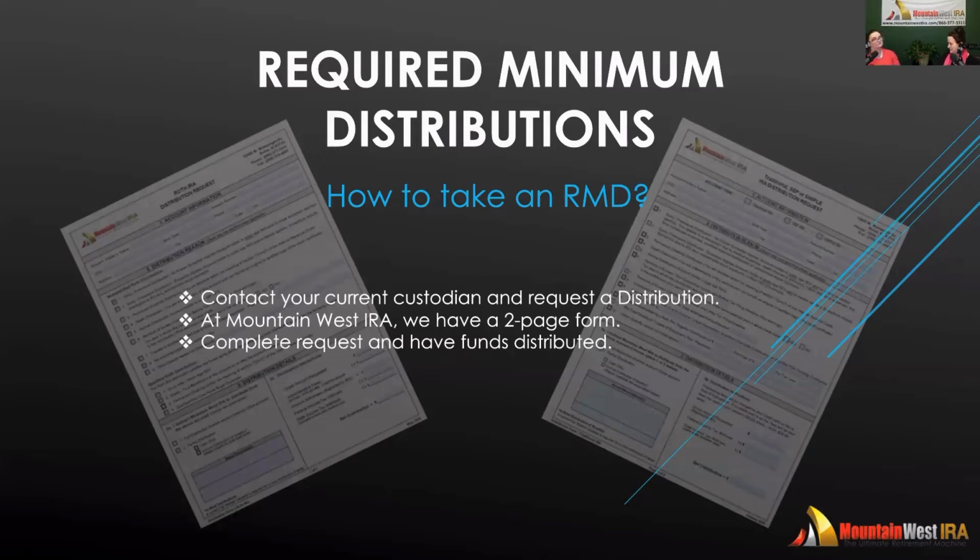It depends on how you fill out the form. If you want to manually fill out the form to take just your RMD amount every year, you can, or you can fill out the form and just indicate an RMD and mark it as an annual distribution for us to automatically send your RMD amount every year on a specified date. Okay.